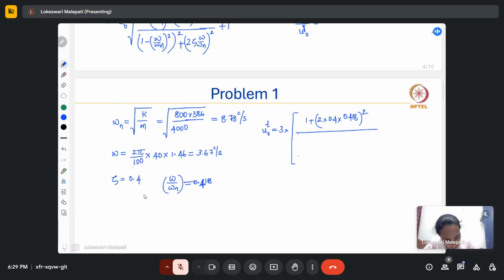So divided by 1 minus 0.418 square, the whole square, plus again the same thing, 0.4 multiplied by 0.418 the whole square, whole power 1 by 2. So could you calculate this value and tell me how much you got?